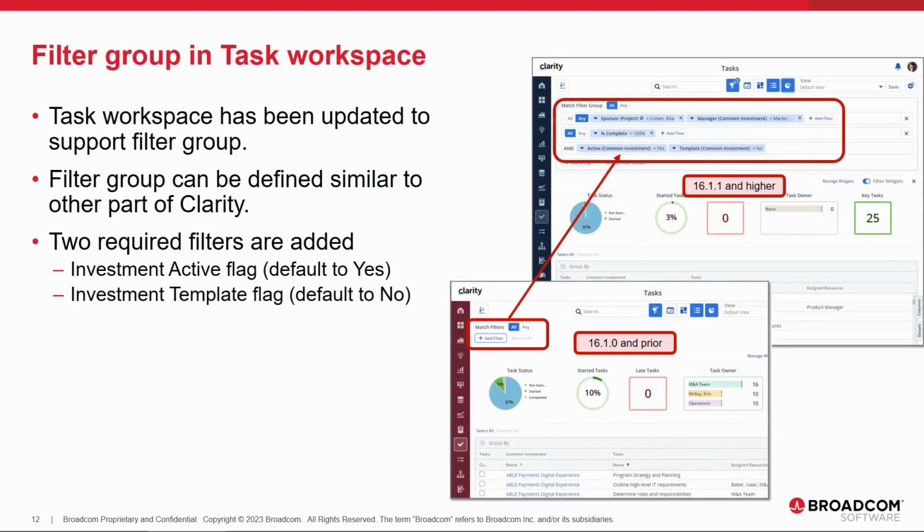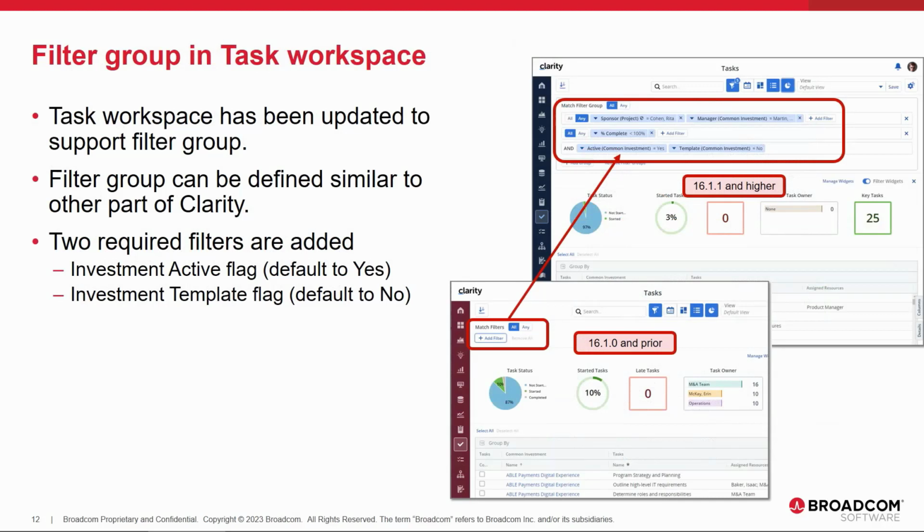We introduced the capability to have filter groups in different parts of the Clarity application. However, in the task workspace, that capability was missing. In this release, starting 16.1.1 and higher, we have now introduced the filter group capability in the task workspace.